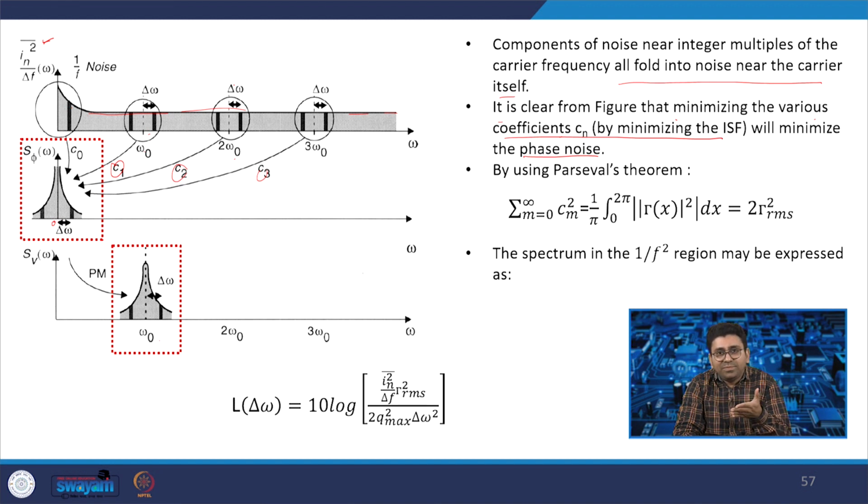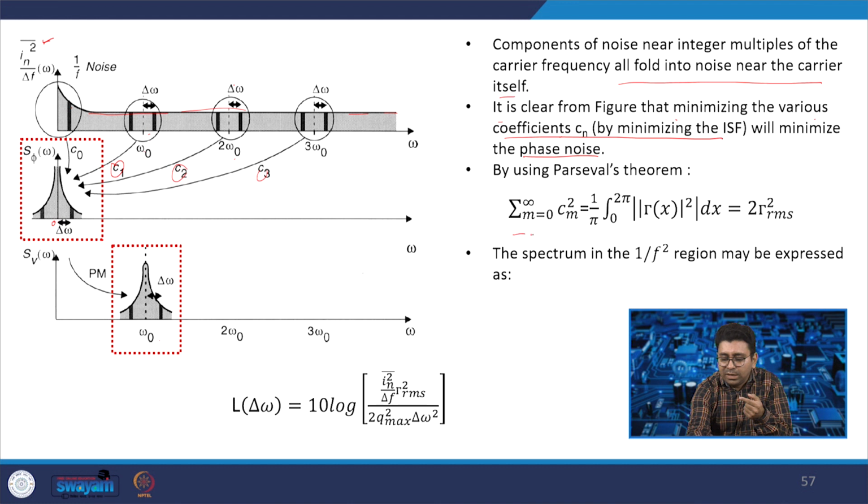Now, because of this impulse sensitivity function, we come to know that we can reduce the phase noise if we can reduce the coefficients C0 to Cn. And if we use the Parseval theorem, this is nothing but an RMS value.